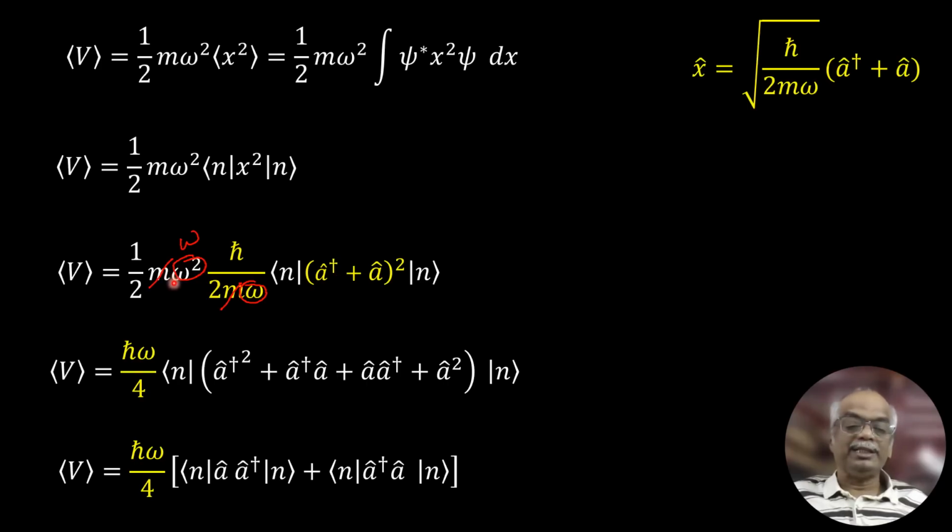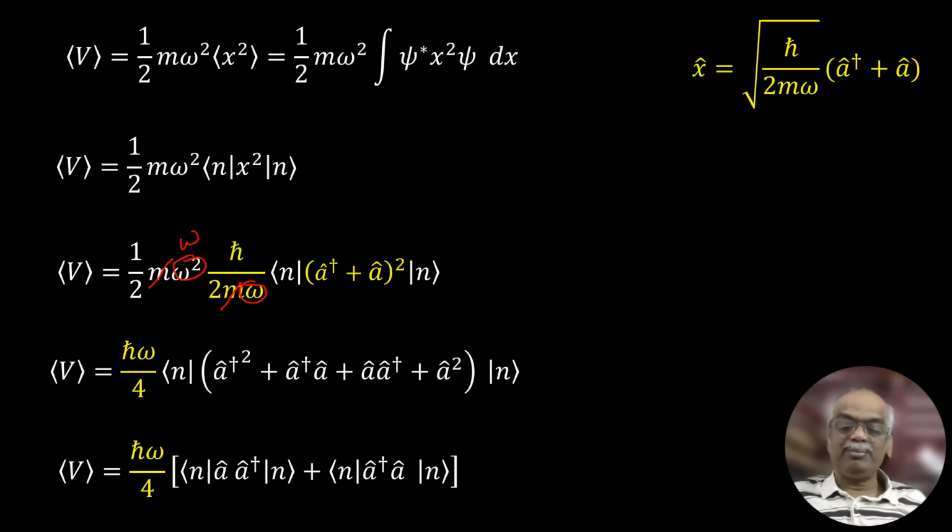So in the numerator you have h cross omega, in the denominator 2 into 2, 4. Then you square this, which will become a dagger squared, plus a dagger a plus a a dagger, because a and a dagger will not commute, so we are writing it separately, plus a squared.